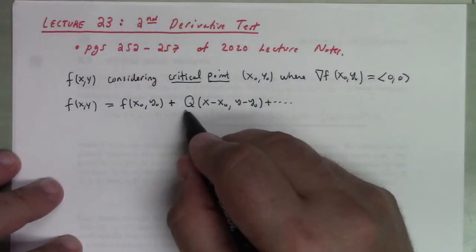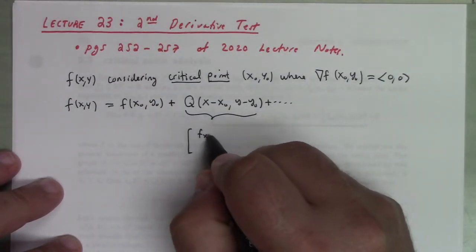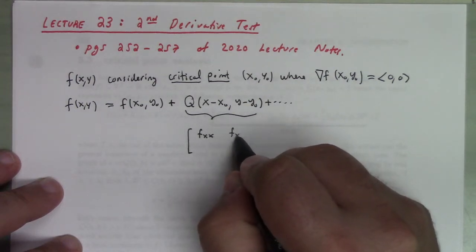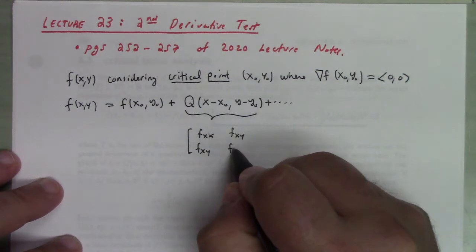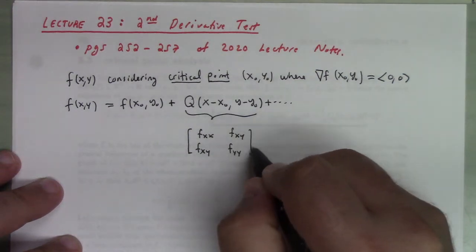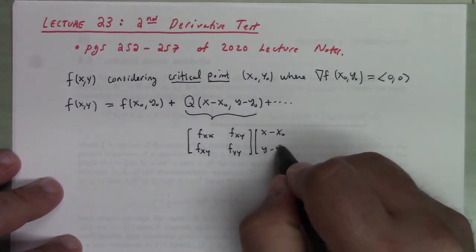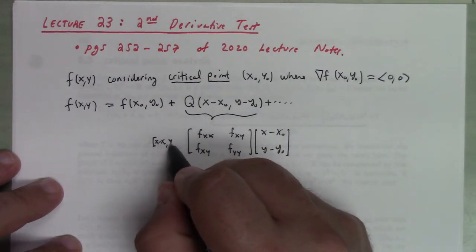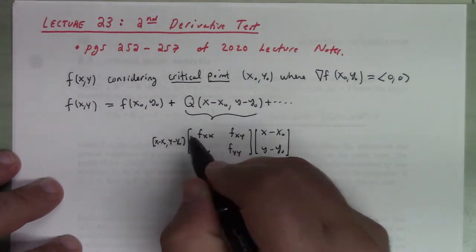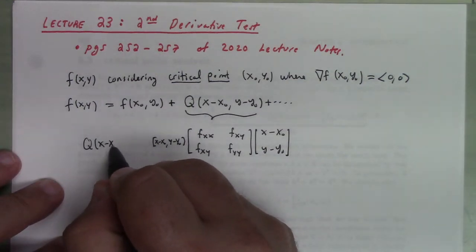But if I expand it, the formula is the matrix fxx, fxy, fxy, fyy times the vector x minus x naught, y minus y naught, and the row vector over here. Oh man, I made that, poor planning on my part. So that's the formula for Q.